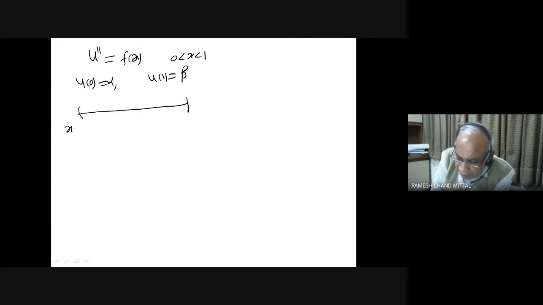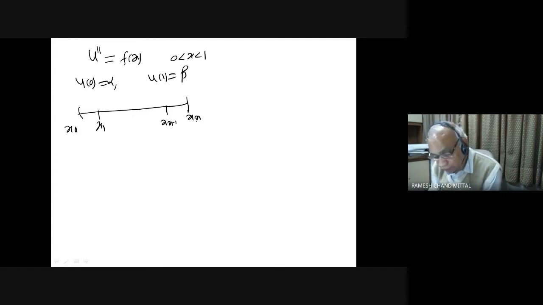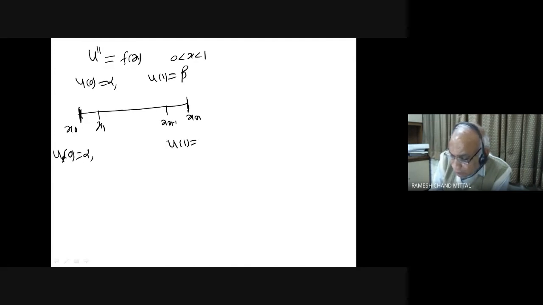So this is my x0, this is my x1, this is my x(n-1), this is my xn. Now when I do so, I need to find the weight function. I have already found it. And u at 0 is alpha, and u at 1 is beta, so I already know them.